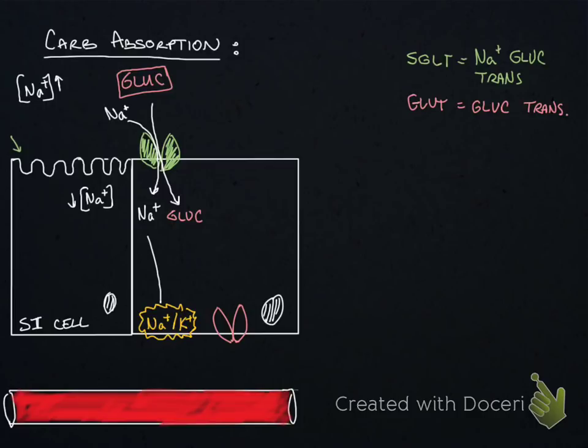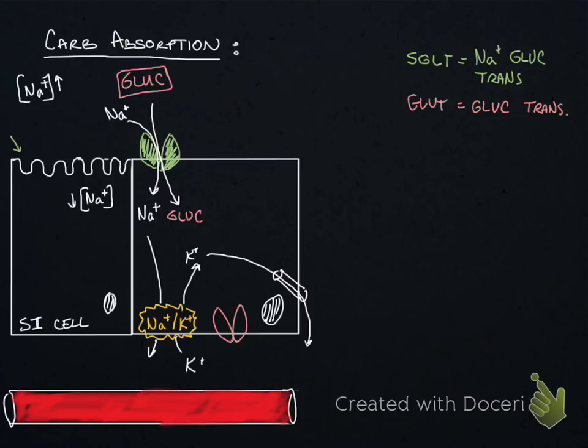And what it does is it uses, of course, ATP to ship sodium out and potassium in. So we do have some potassium inside the cell now, but typically there are potassium channels found in the cell that will ship potassium back out, so that we keep the resting membrane potential of the cell the same.